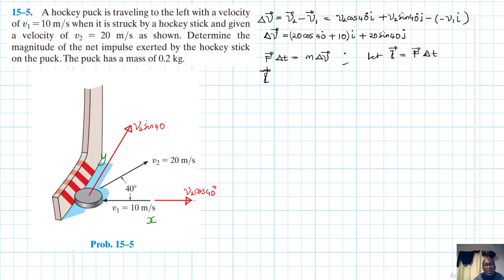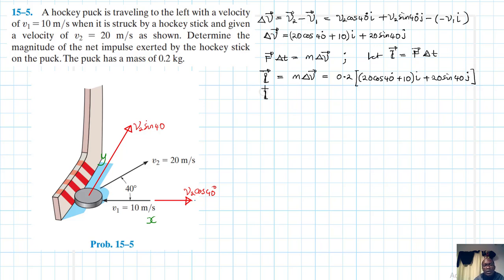Therefore our I, which is a vector, this impulse, is just going to be equal to m delta v, and our m is equal to 0.2, times the components: 20 cos 40 plus 10 i, plus 20 sine 40 j.